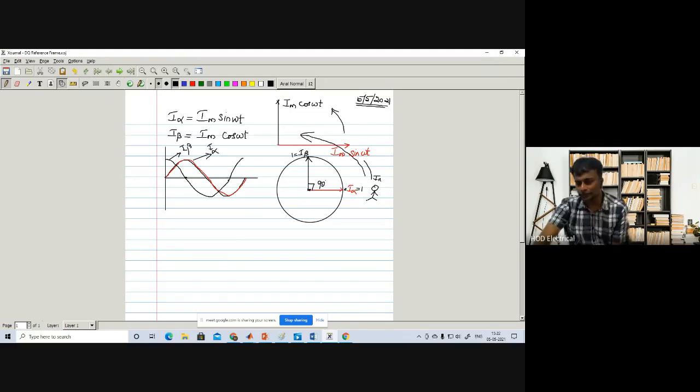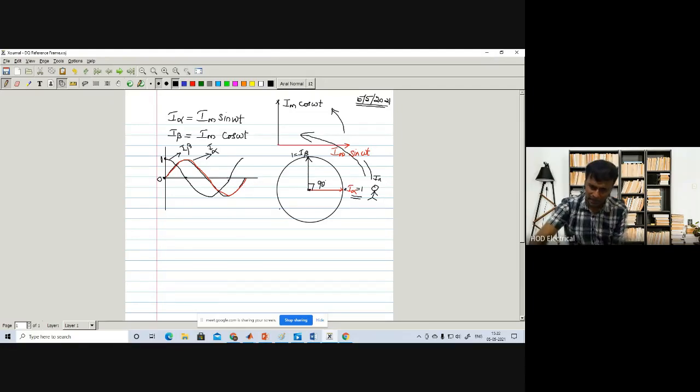So what happened? I can see always I alpha equal to 0 here and I beta equal to 90 degree. That means I beta equal to 1. In this position, alpha equal to 0 degree and beta is equal to 1.